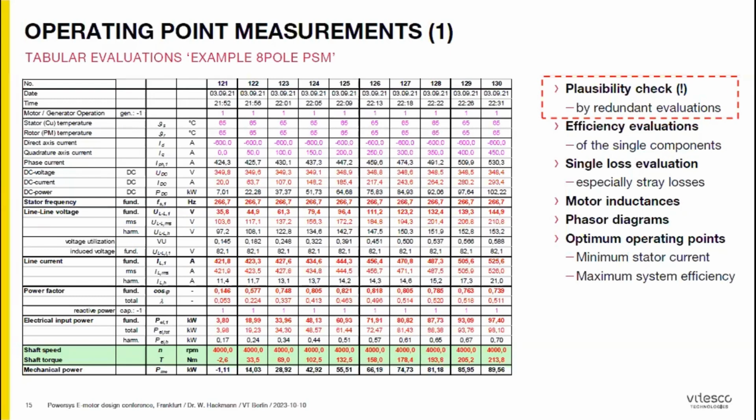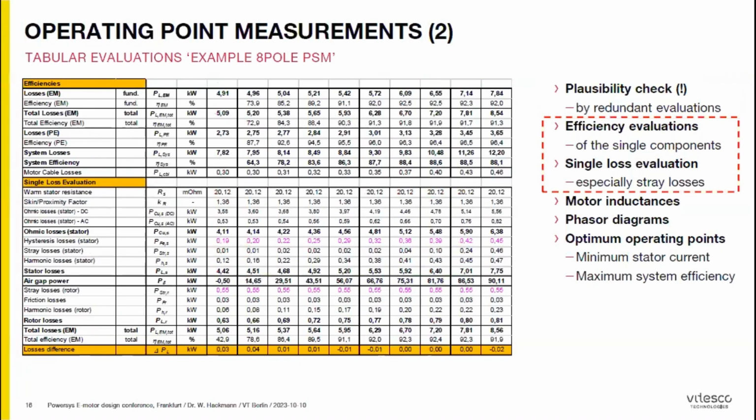On the mechanical side, we have speed, torque, and mechanical power. Out of this table, we can then evaluate the efficiencies of the single components, for example e-machine, power electronics, and complete system. These are values with which we can work and which we can communicate and discuss with customers.